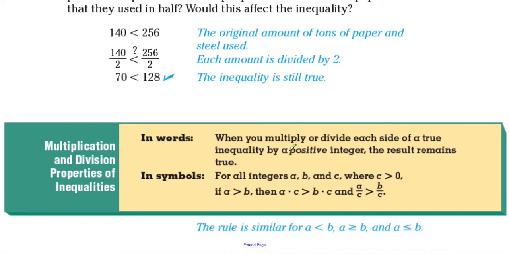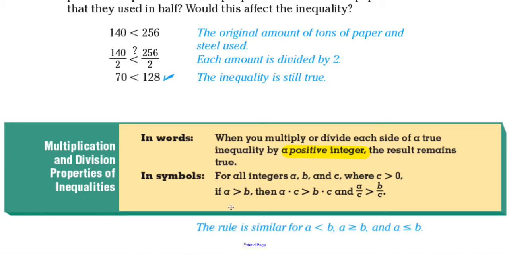It's one thing to think about, because when we deal with a negative integer, it'll be quite different. The result remains true for all integers a, b, and c, where c is greater than 0. If a is greater than b, then a times c is greater than b times c, and a over c is greater than b over c.